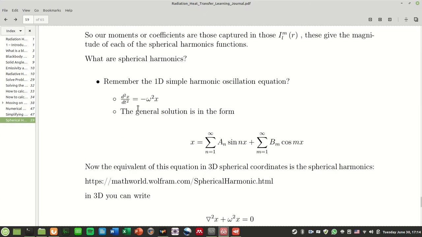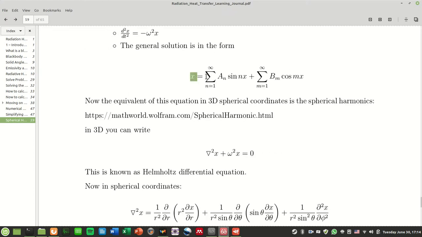So remember, what I was trying to share just now is that you have this simple harmonic oscillator equation, and your general solution is somewhat in the form of x equals some constants times sine nx, plus some more constants times cosine mx.